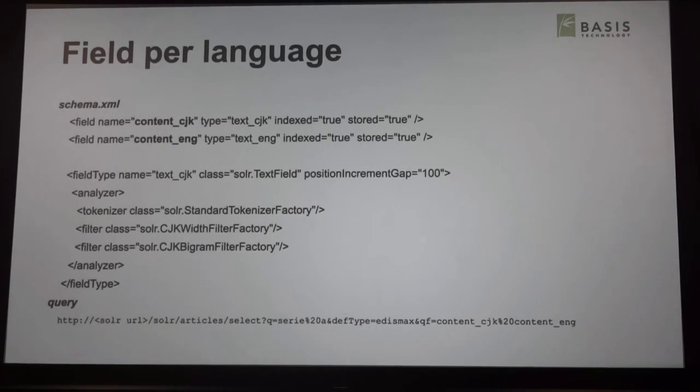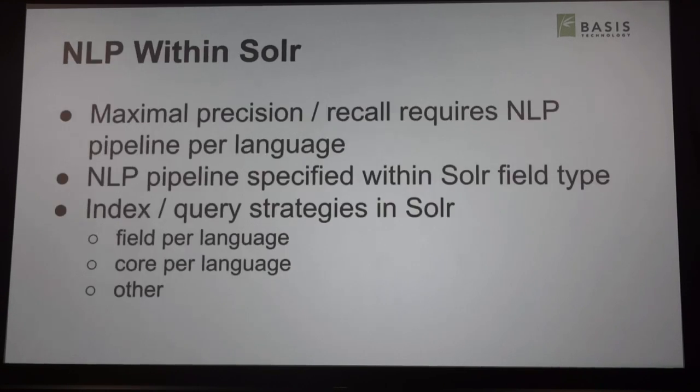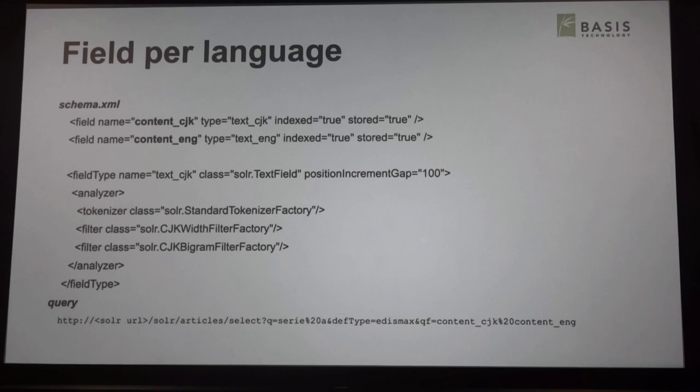I think it's generally true, but you could probably say that you want an NLP pipeline per group of languages that are similar in some way. We'll talk about CJK, and I'll give an example at the end of why they're treated similarly. Configuration file for your Solr? Yeah, so this would be the field and field type specification part of the Solr config.